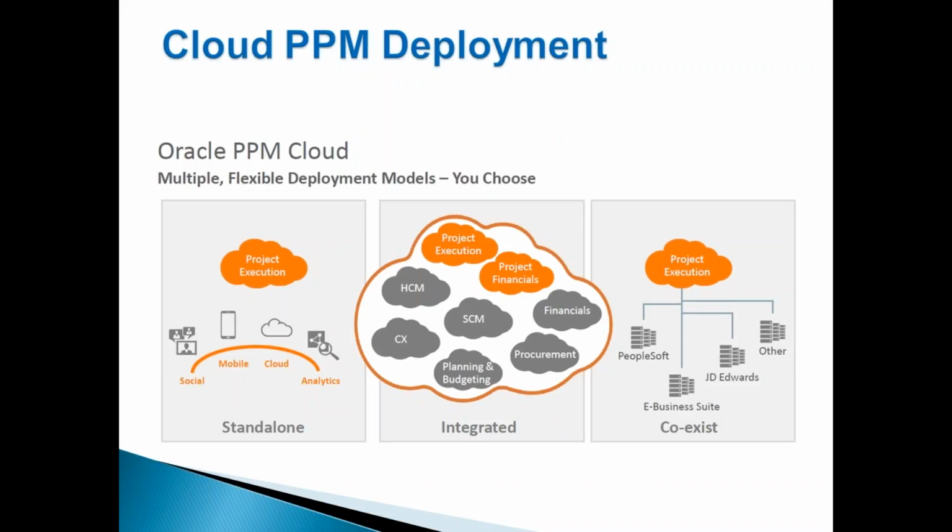What we mean by standalone is that PPM is divided into two parts: project execution management and project financial management. Project execution management covers project management, resource management, and task management. Project financial management covers project control, project costing, project foundation, and project billing.